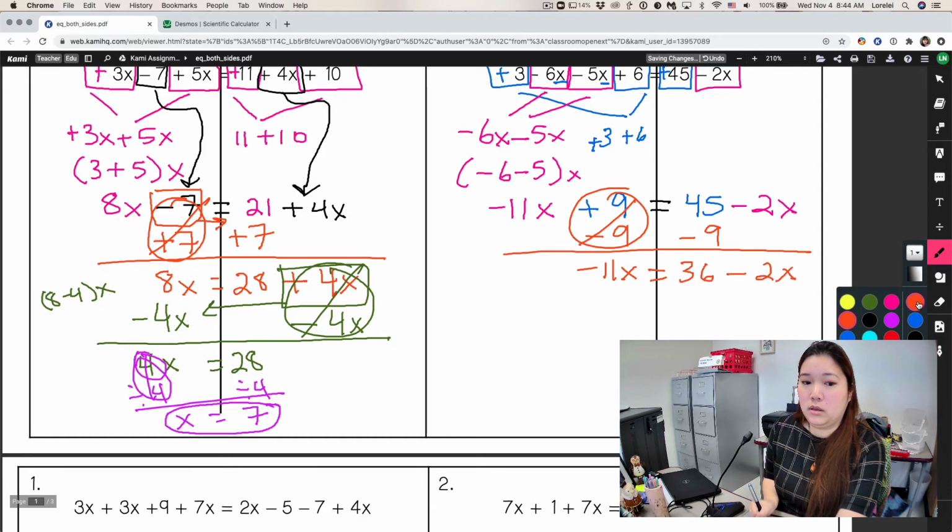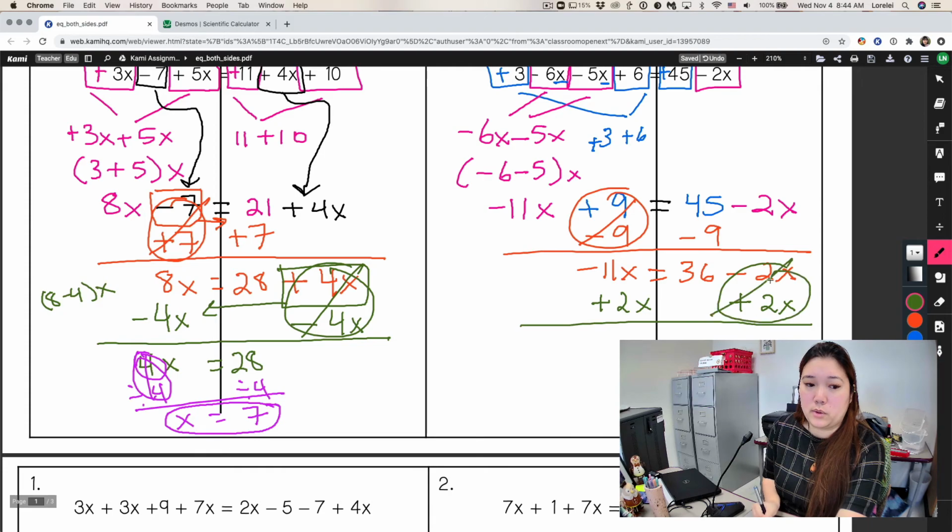Okay, now we're going to gather our variables on the left, so that means this negative 2x, this is on the right, so it needs to go to the left. This is minus 2x, so we will add 2x. This goes away, so we have 36. This you want to think about as negative 11 plus 2, right?